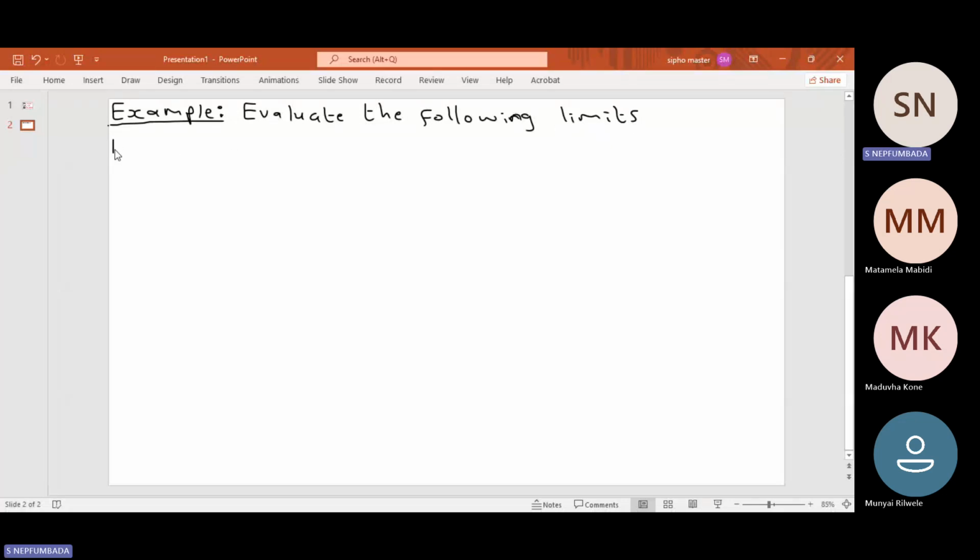Number one, let's take it easy. Let's say the limit of x approaching 3 of the function 2x squared minus 3x plus 5. Are we still together?